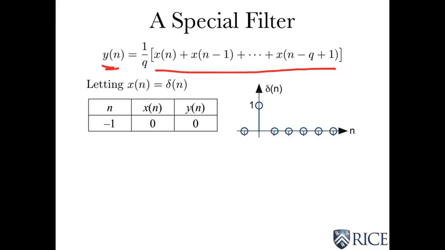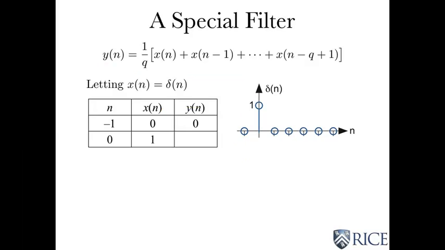There's no concern about what y of minus 2 is. So we're sitting here at time n minus 1. What this filter does is it takes all the input values here, adds them up, divides by the number of terms, and puts out the answer. Well, of course, that's 0.